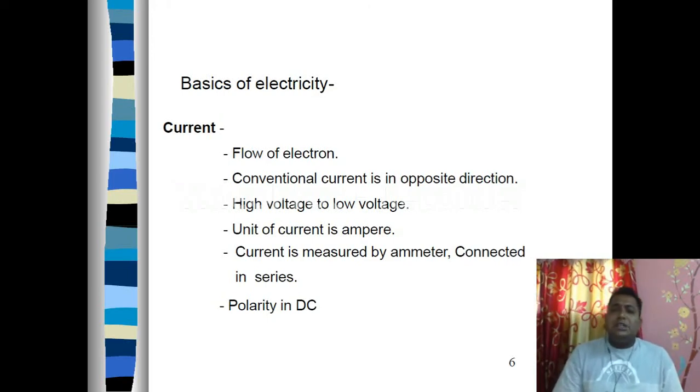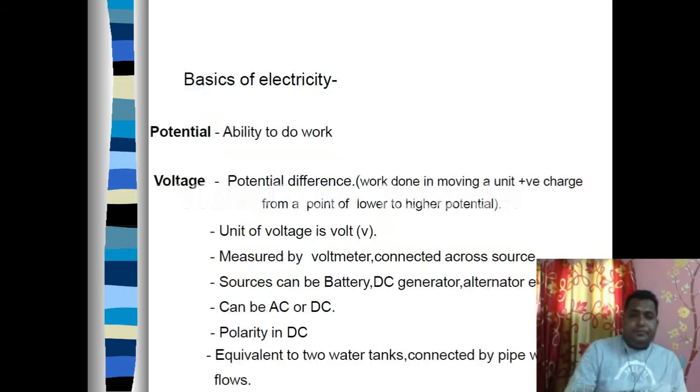Current is measured by an ammeter connected in series, with polarity in DC. That means an ammeter is used to measure the current through any element or device, and it should always be connected in series, so that we can measure how much current is flowing through that path.